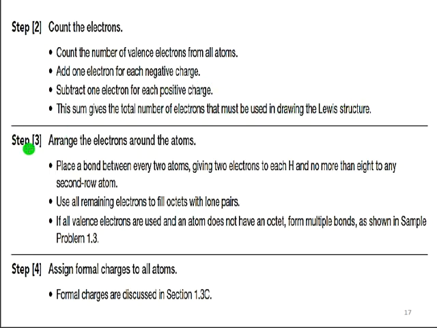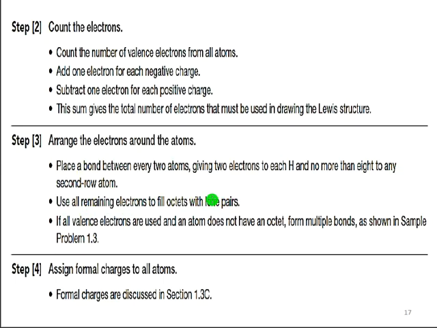Step number 3, arrange the electrons around the atoms. Again, place a bond between every 2 atoms. Give 2 electrons to each hydrogen, and no more than 8 electrons for the second row atoms. Use all remaining electrons to fill octets with lone pairs.